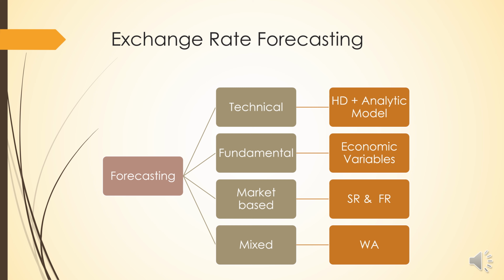Exchange rate forecasting. There are four techniques that are currently known: technical forecasting, fundamental forecasting, market-based forecasting, and mixed forecasting. Technical forecasting uses historical data, then applies a layer of analysis model, and then they arrive at a prediction.